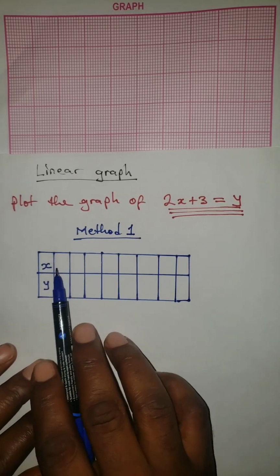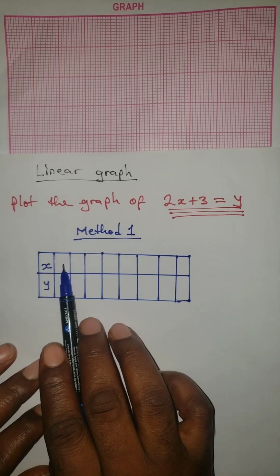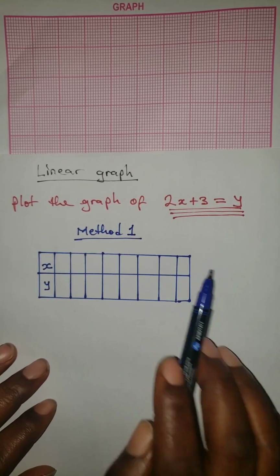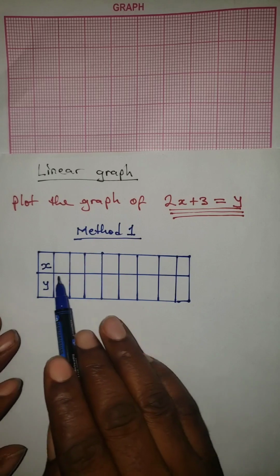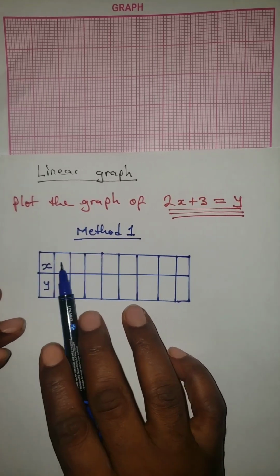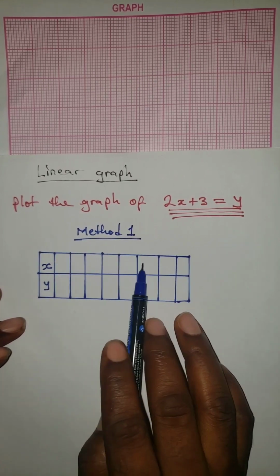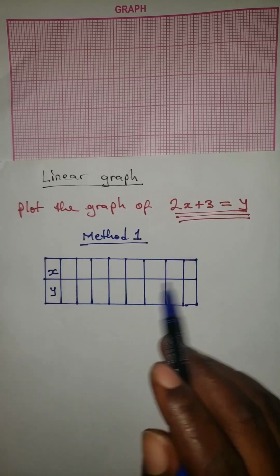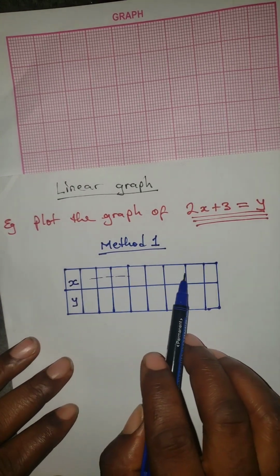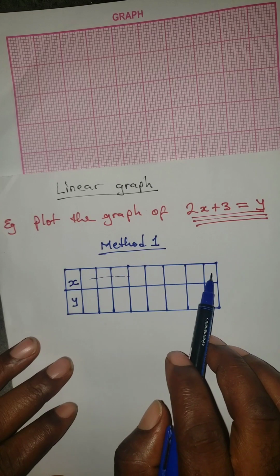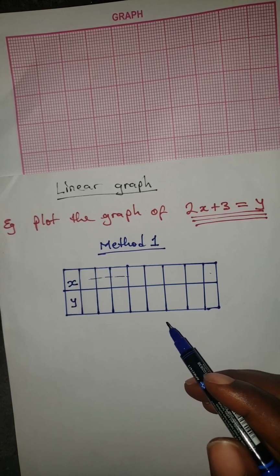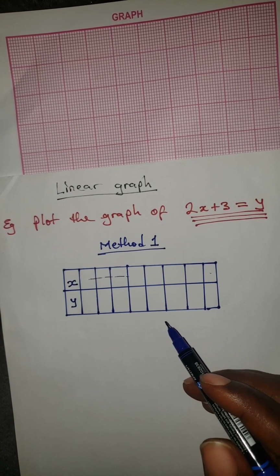Remember, I have about how many partitions? One, two, three, four, five, six, seven, eight. I do not say that you must make it this long. You can make it two, three, four, five, or six. No matter the number of columns or partitions you want to create, you will be able to get your straight line because it is a straight line graph.